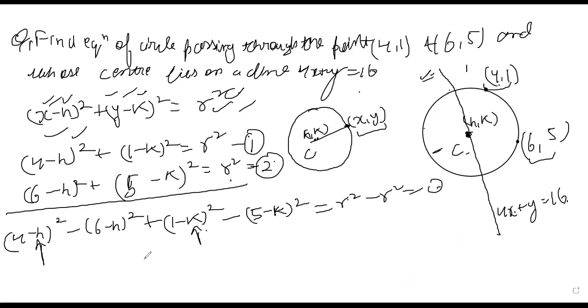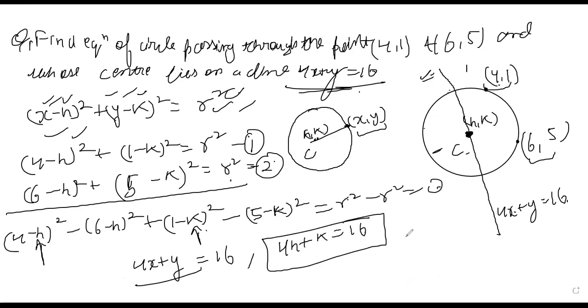So we know that 4x plus y equals 16, which is the equation given, is passing through the center, and we have taken the coordinates as h comma k. So can we write this equation as 4h plus k equals 16?